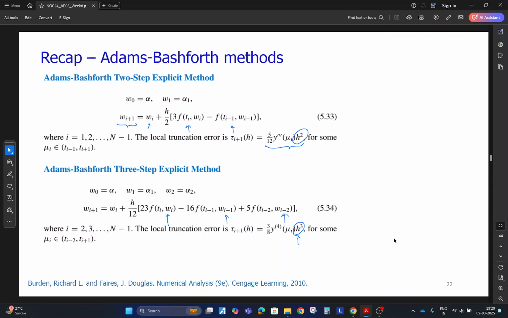In this case, the local truncation error is given by 3 by 8 times the fourth derivative of y evaluated at mu i times h cube.